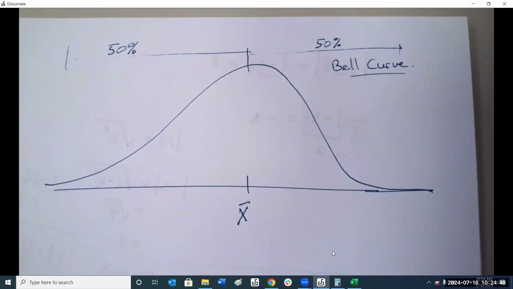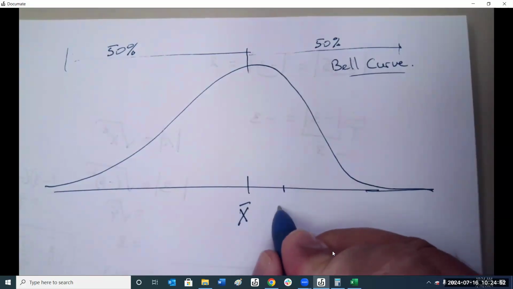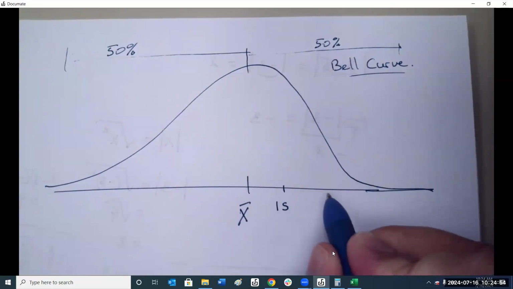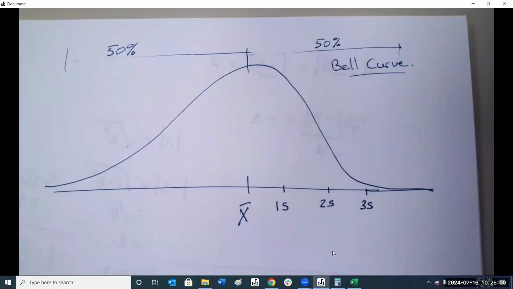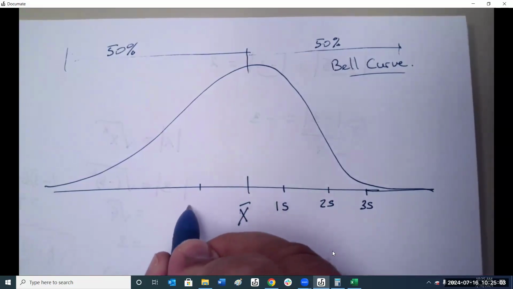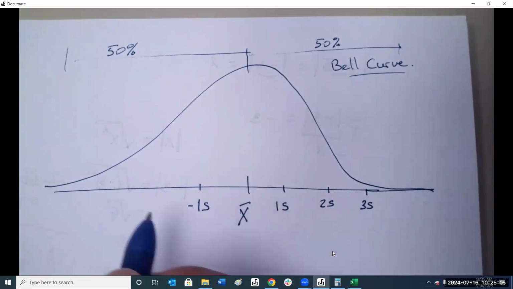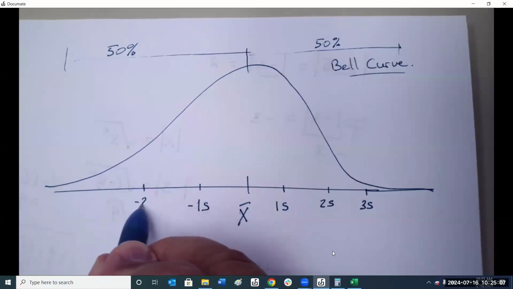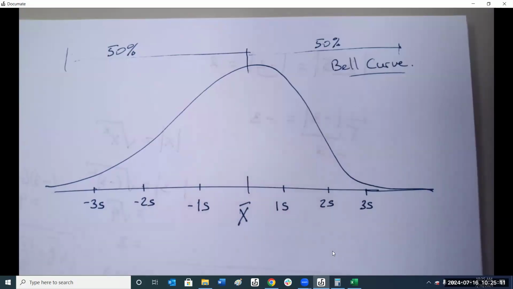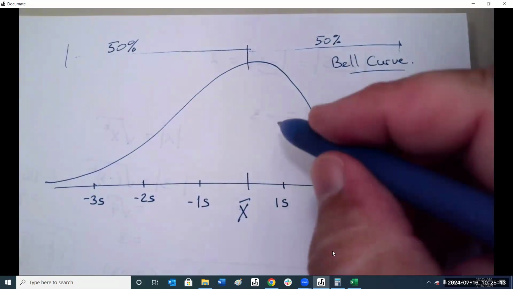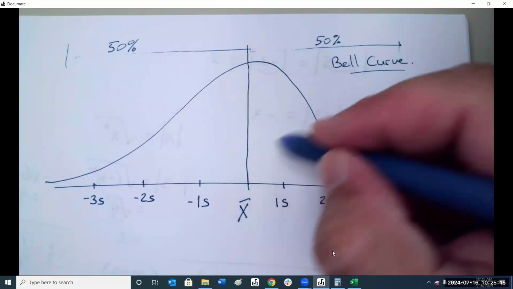Now we just calculated standard deviations. We have 1 standard deviation, 2 standard deviations, 3 standard deviations on both sides. So there's our mean.